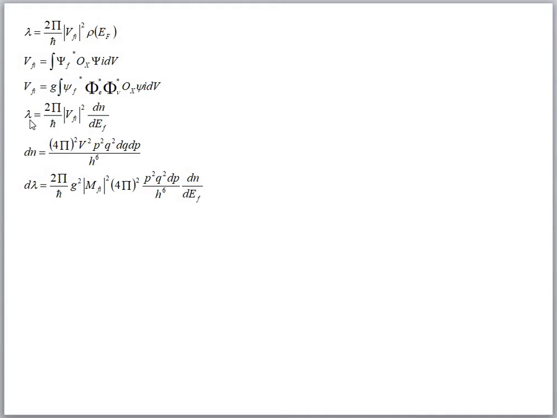So this lambda can otherwise be written as 2 pi by h cut V fi square into dn by dE f, and we find an expression for dn as 4 pi square V square p square q square dq dp divided by h raised to 6.